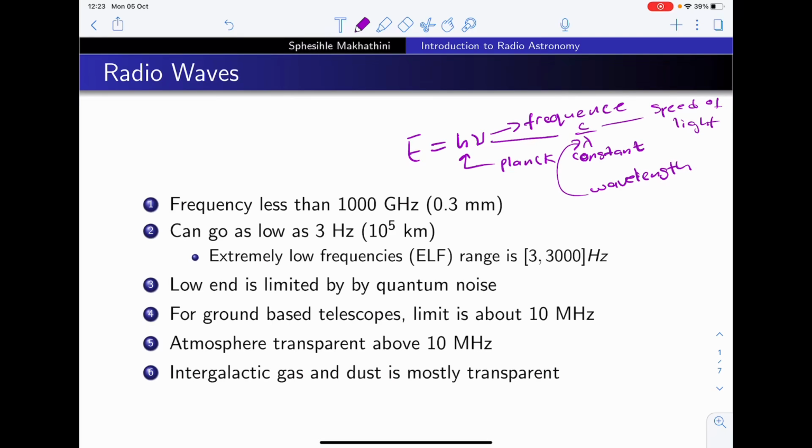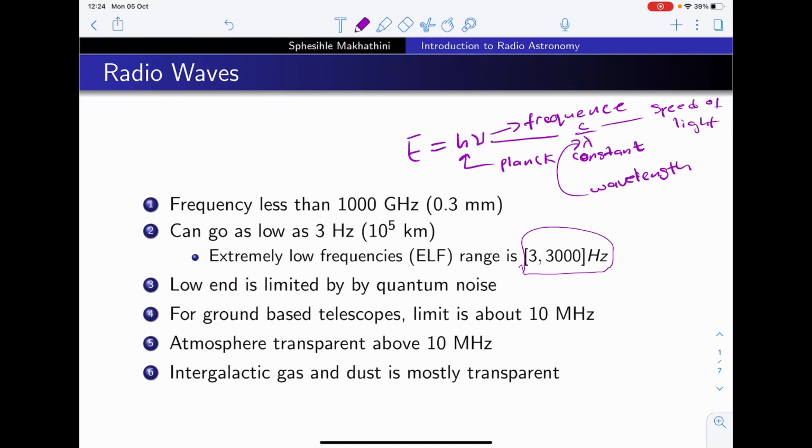Okay. So in radio, you can go up to 1 terahertz or 1,000 gigahertz, or in wavelengths like 0.3 millimeters, and you can go as low as 3 hertz, which is the extremely low frequency range, and on the lower end in frequency, you can go up to 100,000 kilometers.